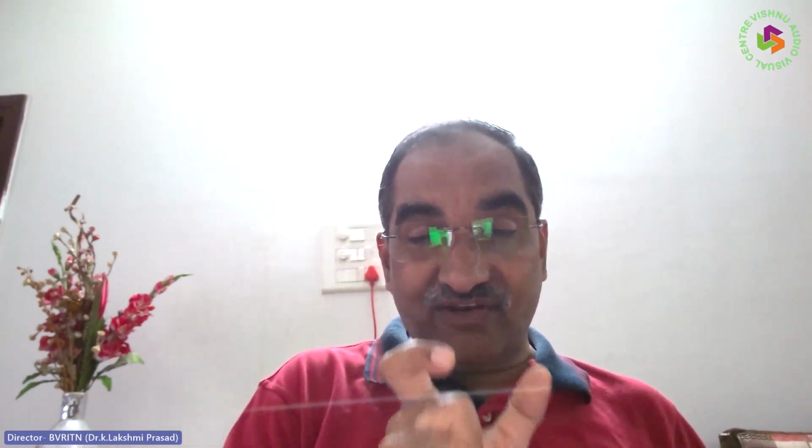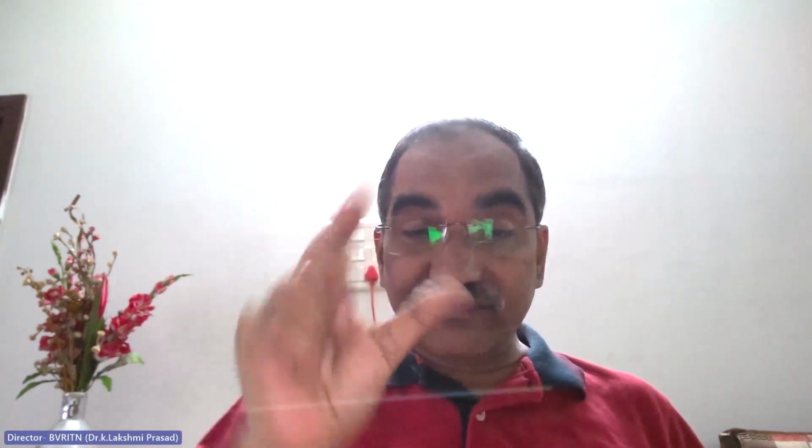But suppose the depth variations are very large in a short distance of the canal. Then we call it rapidly varied flow. The depth variations are very large in a small distance of channel.